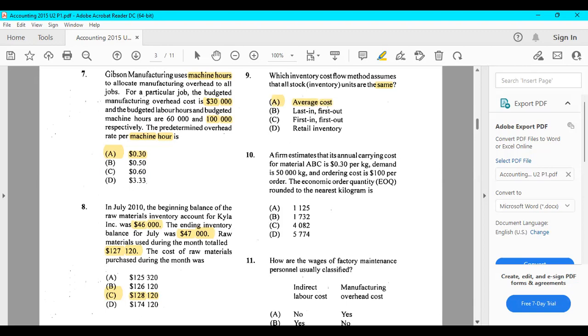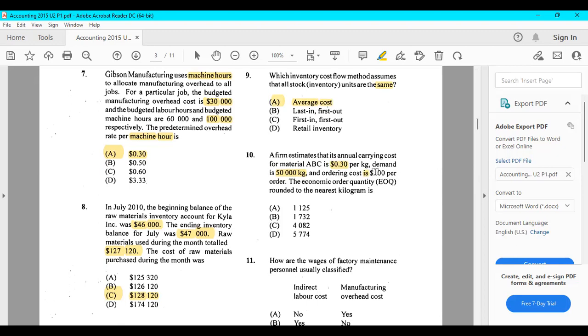Number 10. A firm estimates that its annual carrying cost for material ABC is 30 cents per kilogram. Demand is 50,000 kilograms, and ordering cost is $100 per order.